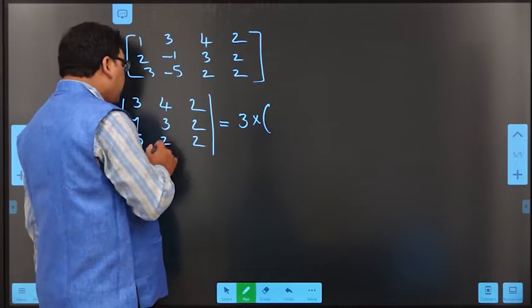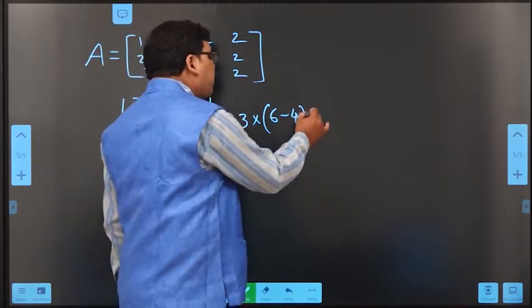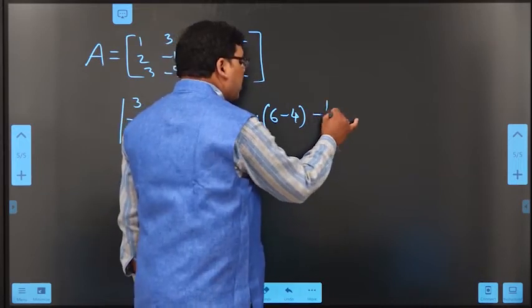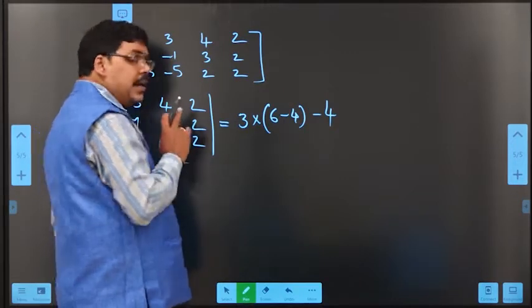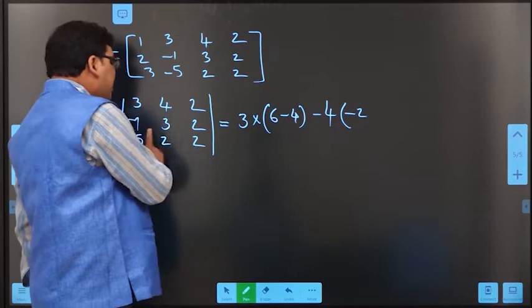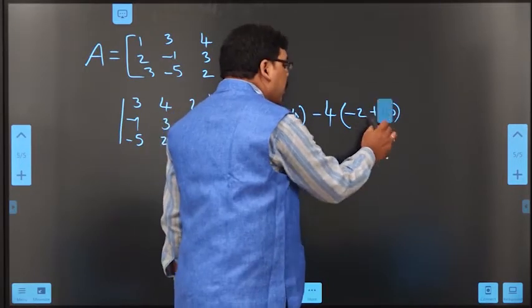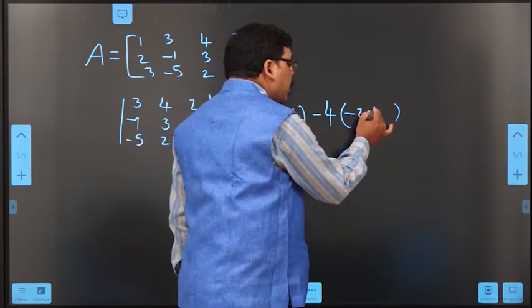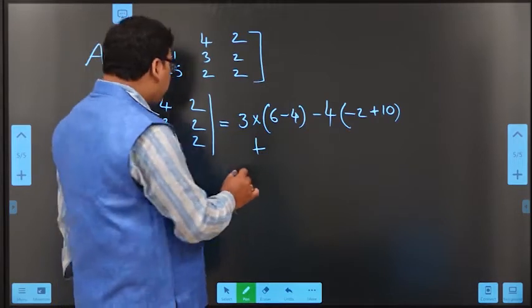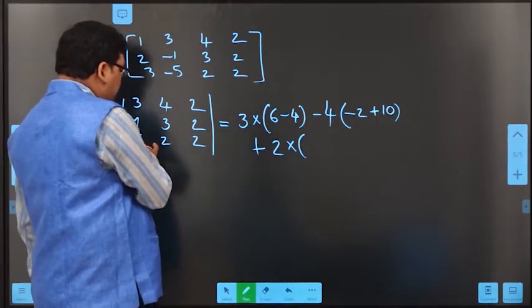Three into 6 minus 4, minus 4 into its minor, minus 2, minus of minus 10, plus 10, plus 2 into minor of 2, minus 2 plus 15.